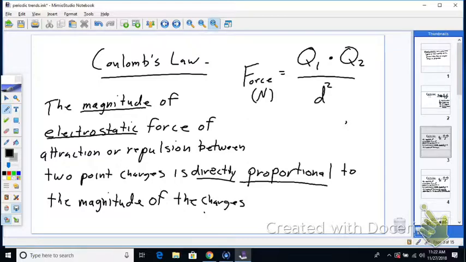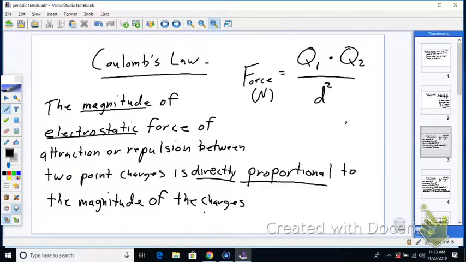That means if the charges increase, then the magnitude of the force increases, just like we talked about. If the magnitude of the charges decrease, then the magnitude of the force decreases. So this is a universal law dealing with charged particles, protons, electrons, cations, and anions.